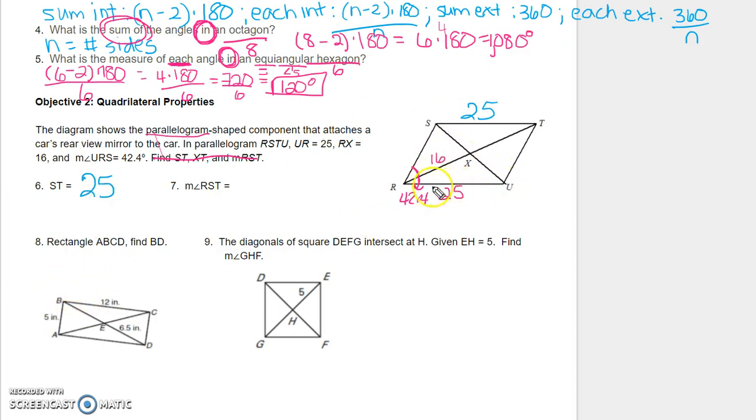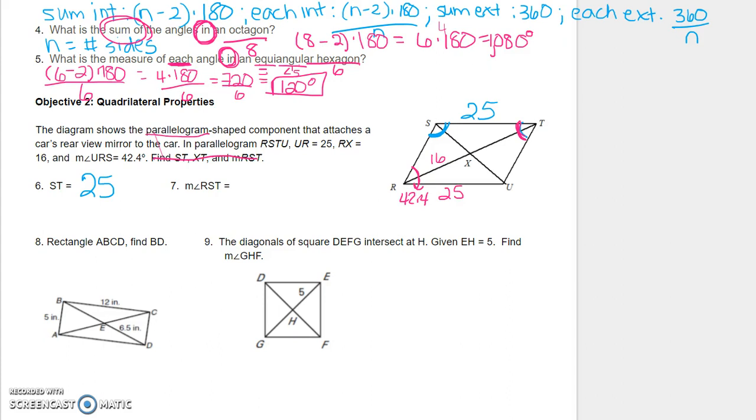Okay, they gave me angle URS, but they want angle RST. That's this angle here that I'm marking in blue. A lot of you on the preview told me 42.4, but 42.4 in a parallelogram are the opposite angles. The opposite angles are congruent, so my two pink angles are congruent.